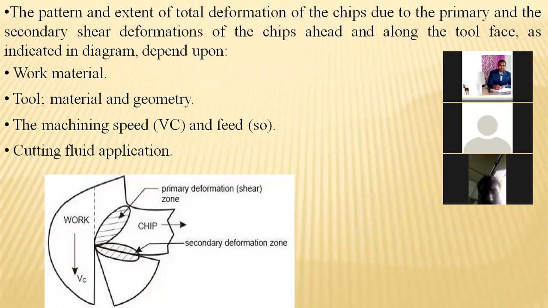Hence, the pattern and the extent of the total deformation of these chips, through the primary and secondary shear deformations by the indentation of this tool face within the material upon inducing of the forces over the material, leads to attaining particular specifications.